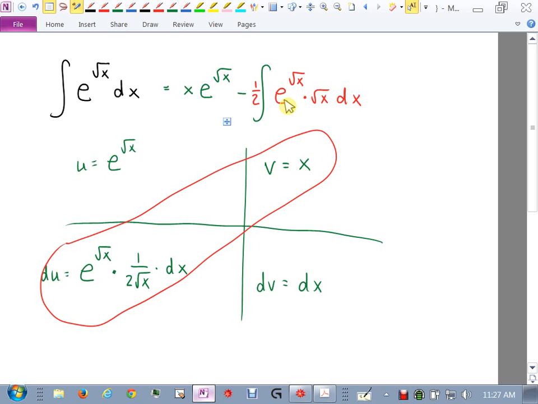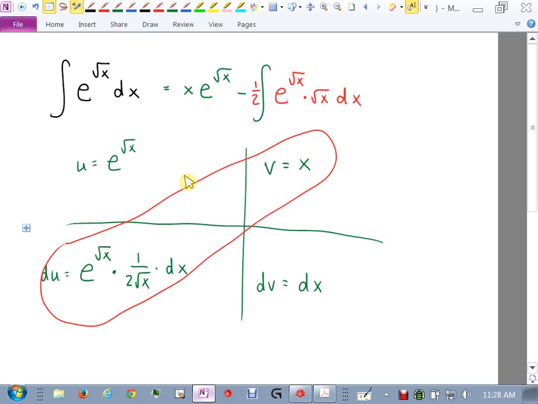So the point of this problem is that it'll work out a lot better if you make a substitution first before you do the integration by parts. This is all just to show you that this is going to lead you into maybe a 30, 45-minute problem. So I'm going to scrap this.